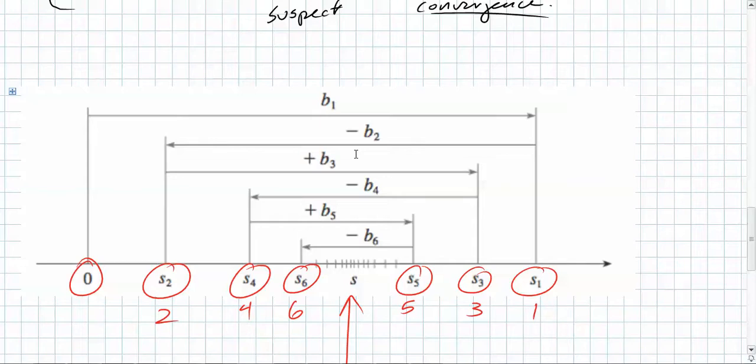So if you figured out S9, it would be within B10 of the actual sum.